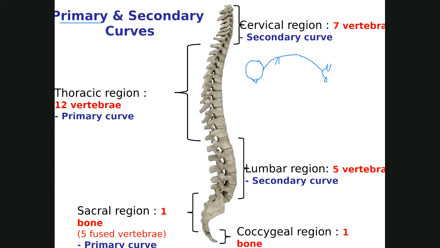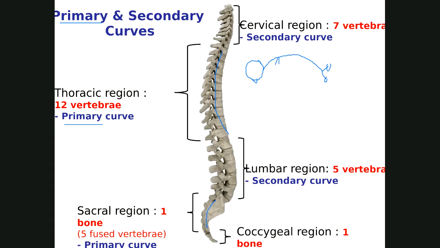But as you develop and go through the milestones of life, when you start to hold your head up, then sit up, then walk around, you'll start to develop your secondary curves. The curves that you're primarily born with are your thoracic curve, this big curve here, that's a primary curve, and your sacral curve.